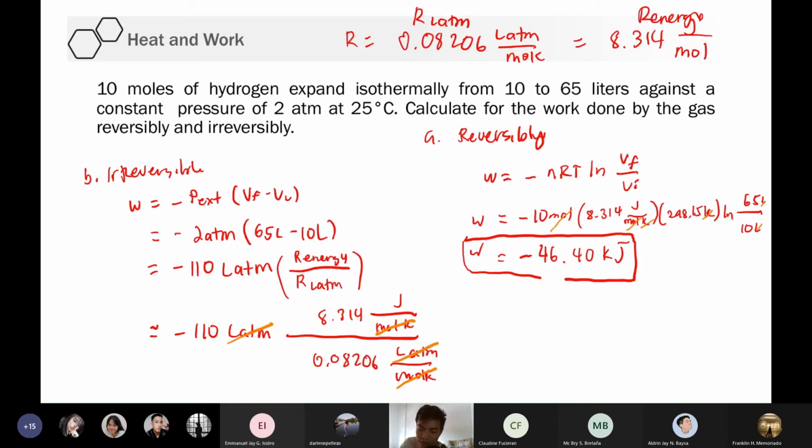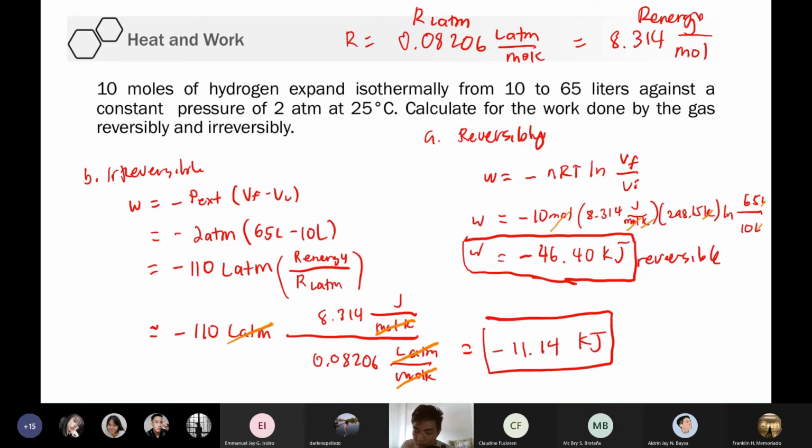So, you are left now with the joule. Again, ang basa dyan ay joule. Okay. So, plugging that in the calculator, we will get negative 11.14 kilojoules.